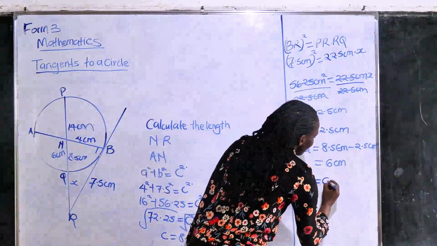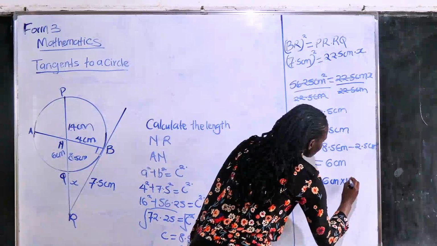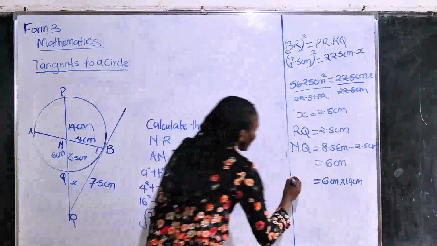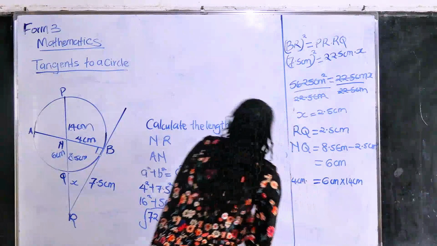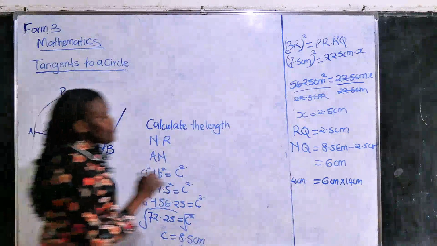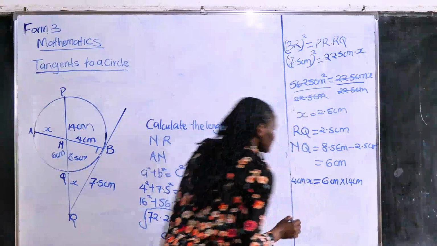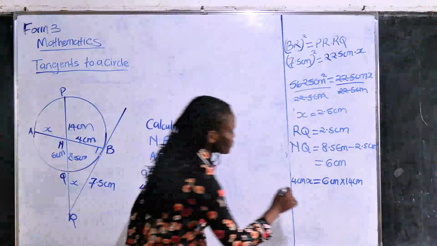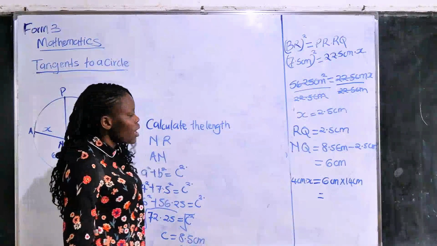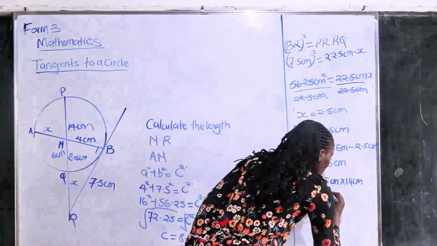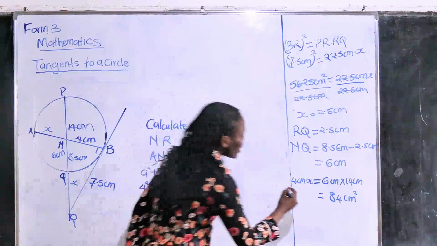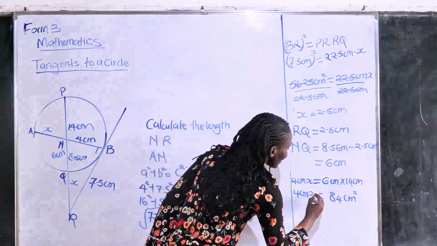When we multiply 6 centimeter by 14 centimeter, it should be equal to 4 centimeter by x, because we don't know the value over here. When we multiply 6 by 14, we get 84, which is equal to 4 centimeter x.